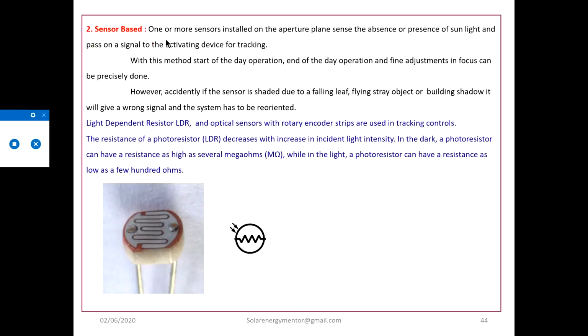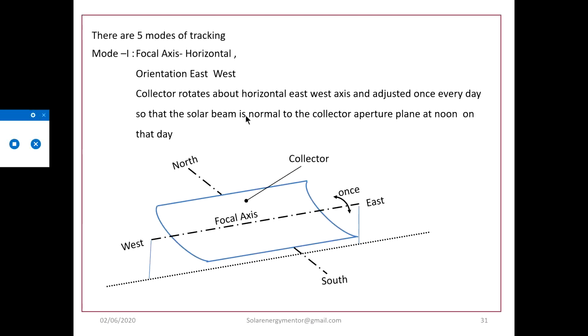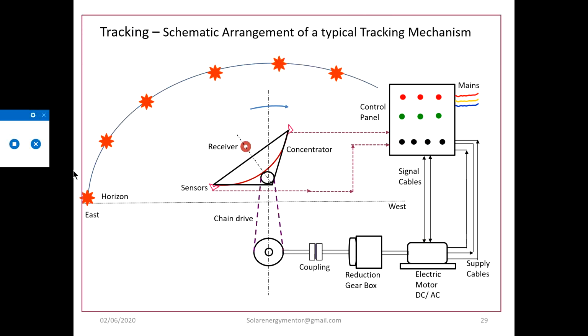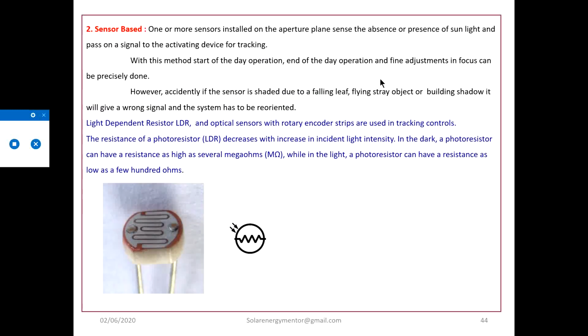On the other hand, the second, sensor-based methodology is also used for tracking. As we have seen at the start of this presentation, sensors are placed on this side. One or more sensors installed on the aperture plane sense the absence or presence of sunlight, and accordingly pass on a signal to the activating device for tracking.